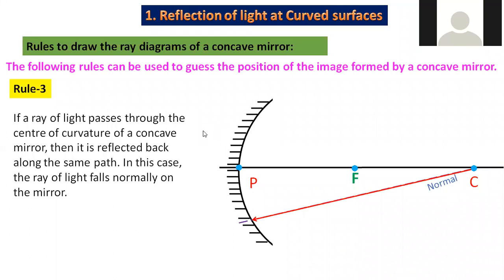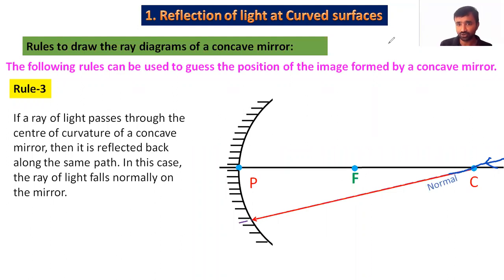Along the normal, or if you imagine this light ray is coming this way, it is passing through the center of curvature. Anything is correct. Are you clear? So it looks like passing through the center of curvature or along the normal. So I think no confusion. Right. So now we have to complete.